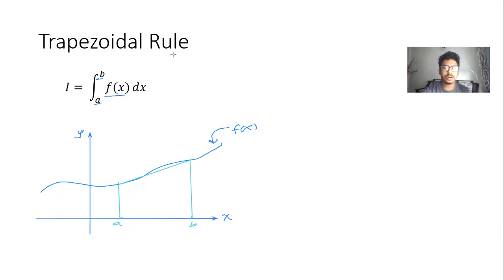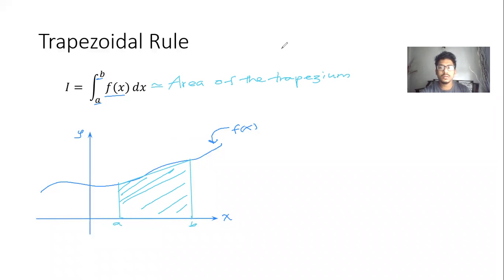So in the trapezoidal rule, what it says is this integration is approximately equal to the area of the trapezium, right? So the area of this trapezium is considered to be the area under this curve.